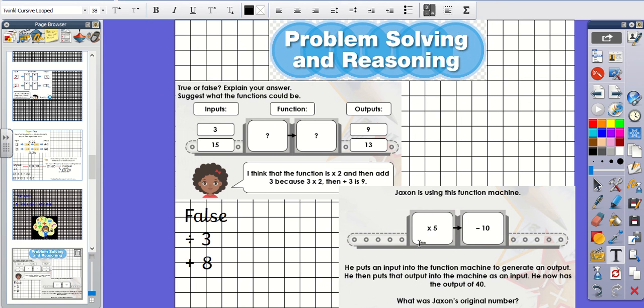That doesn't work. Oh, okay. Let's see whether we can think of a number then. So let's try 4. 4 times 5 is 20. 20 subtract 10 is going to give me 10. I'm going to put that back in the machine. 10 times 5 is 50. 50 subtract 10 equals 40. So Jackson's original number is 4. So quite tricky that one is there.